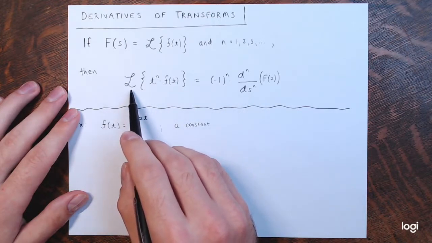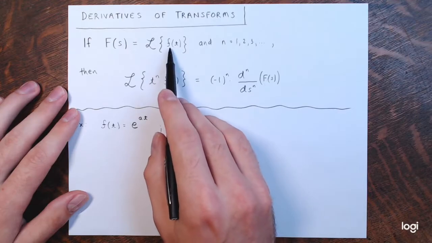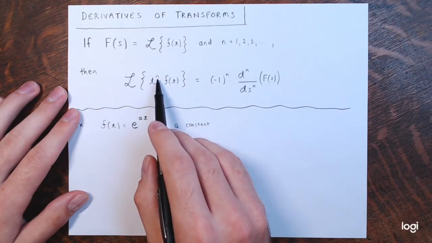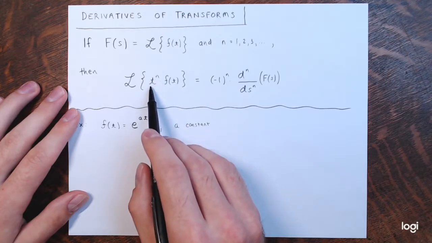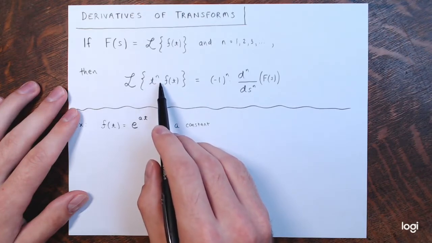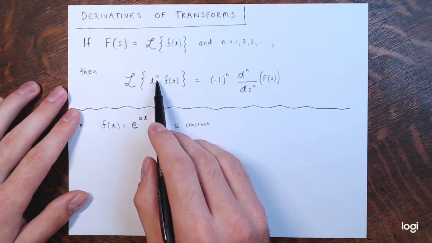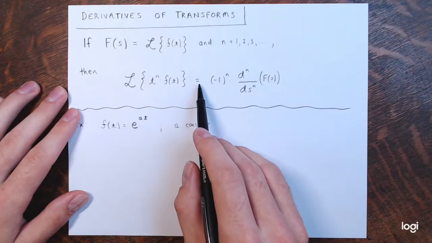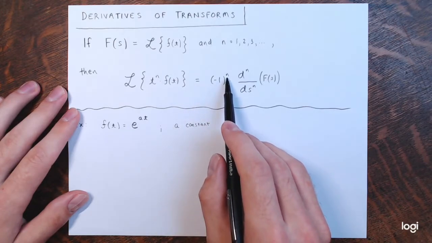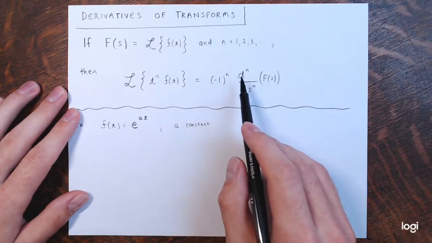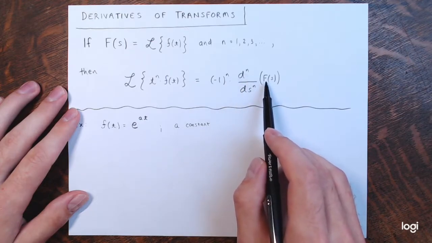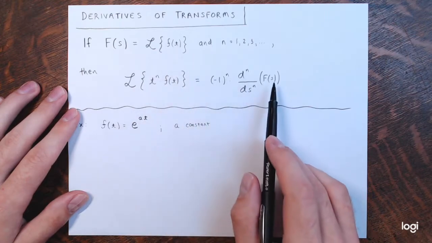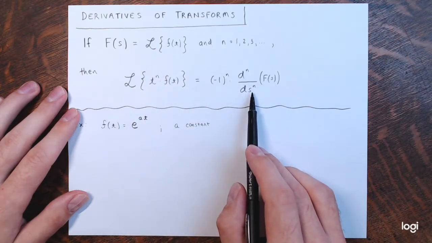So the Laplace transform of this f of t multiplied by a power of t, so t to the first, t to the second, t to the third, etc., some whole number power of t, is equivalent to negative 1 to the nth power multiplied by the nth derivative of F of s, which is the Laplace transform of little f, with respect to s.